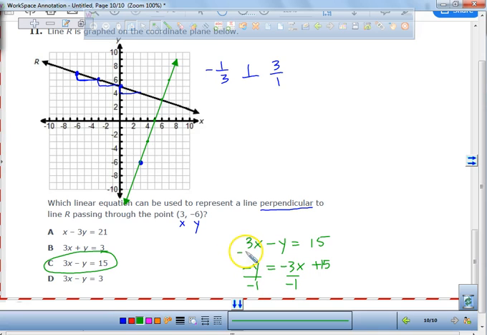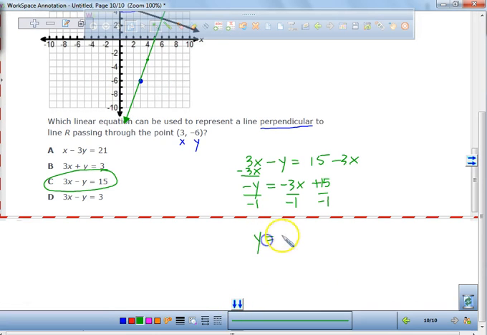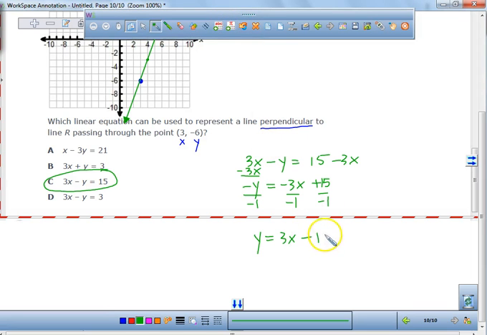The only thing I did differently, as a little shortcut, was to move the 3x across. Your final answer in slope-intercept form is y equals 3x minus 15. So it has a slope of 3, and the y-intercept is at negative 15, which is way down here. So that's why it's answer choice C.